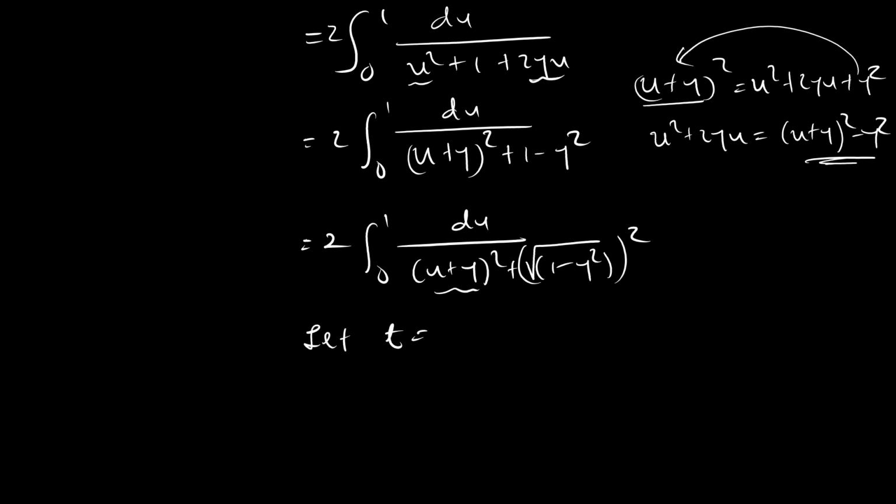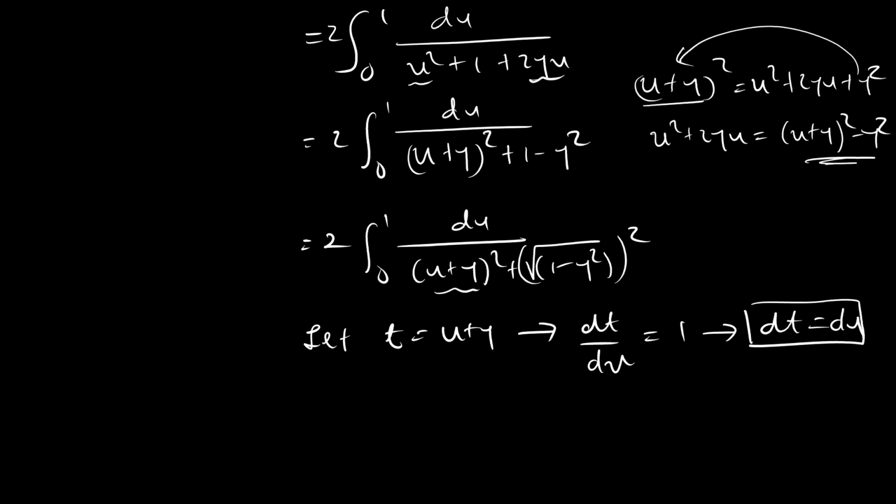Such that when we now go ahead and substitute for this, say let t be equal to u plus y, that means that dt/du equals 1, meaning that dt equals du. And so when u equals 0, t equals 0 plus y, which equals y. When u equals 1, t equals 1 plus y.